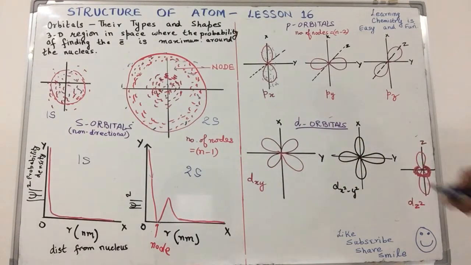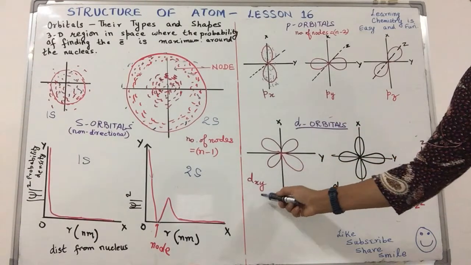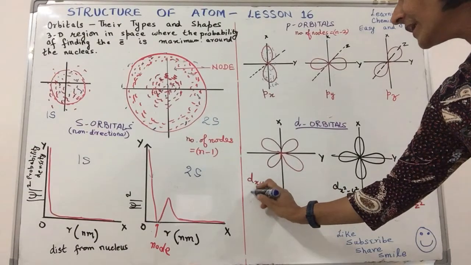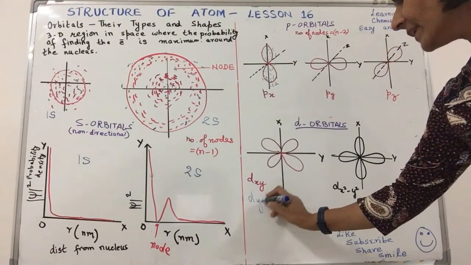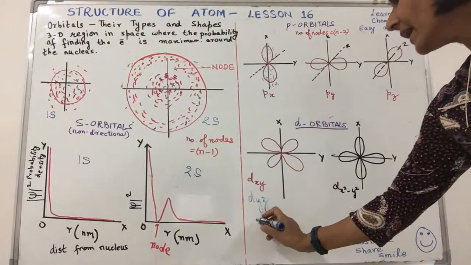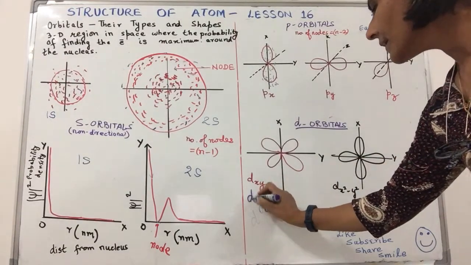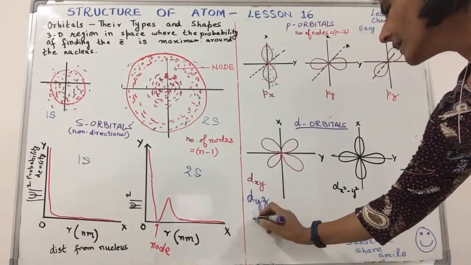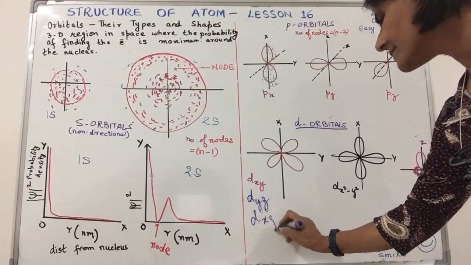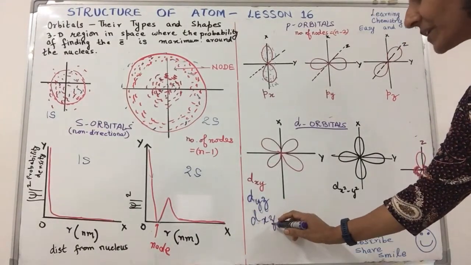Here, these are represented as dxy, dyz and dxz. Now, what do these mean?